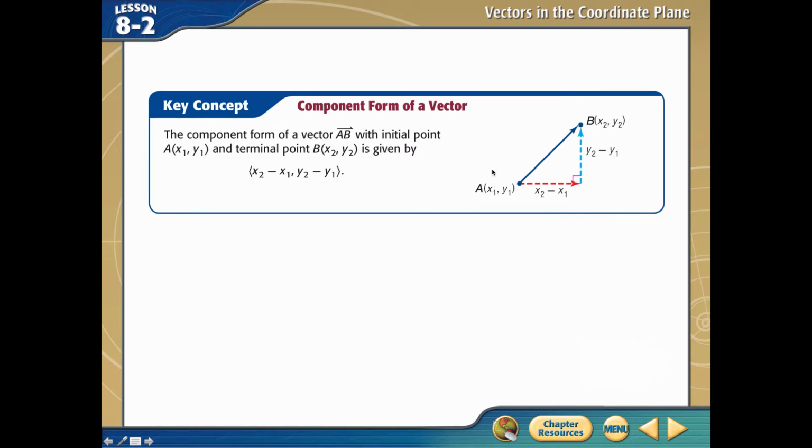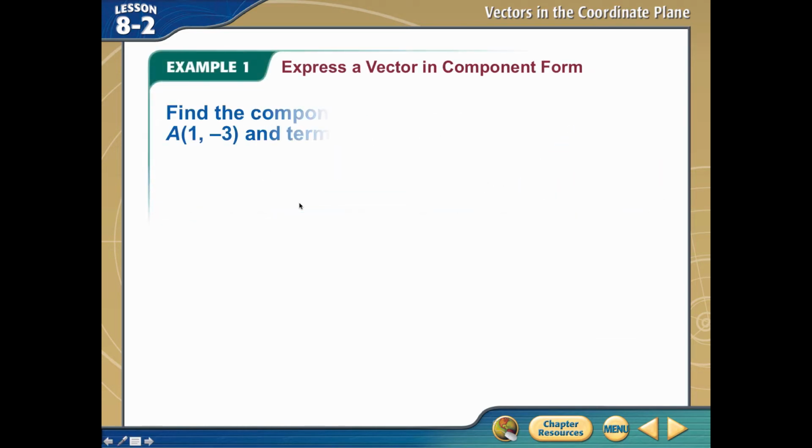So when you write the vector, it is a less than sign, a greater than sign. Not really, they're a little bit more straight up, but it's a bracket, an x value, comma, y value, and then this bracket. So it's an ordered pair that is a very quick and easy way to represent a vector.